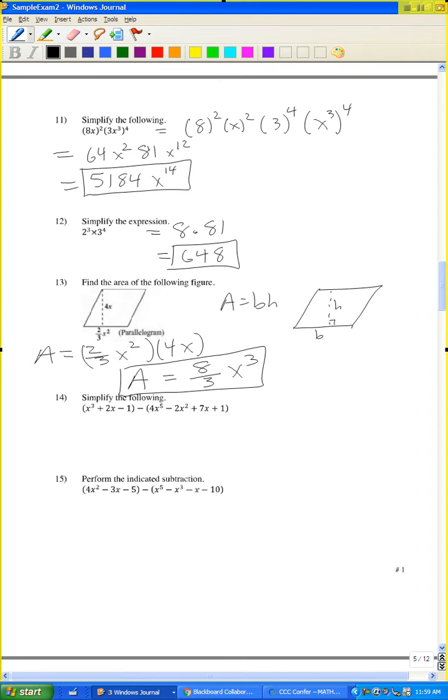Let's get rid of the parentheses. X cubed plus 2x minus 1 minus 4x to the 5 plus 2x squared minus 7x minus 1. So I'll change all the signs inside the parentheses. Combine like terms.